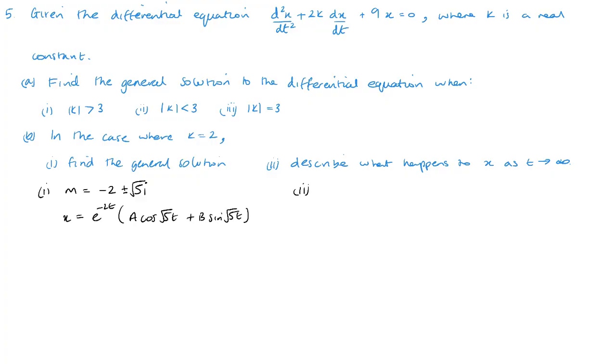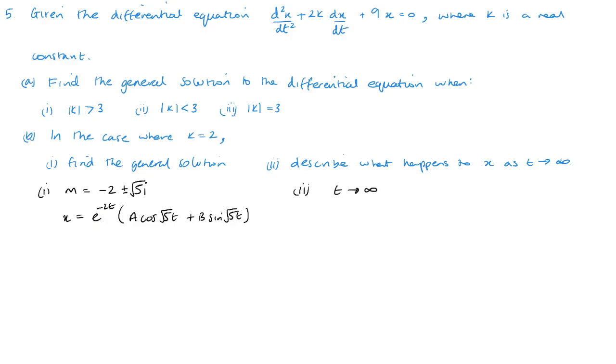Part 2, describe what happens to x as t tends towards infinity. So, as t tends towards infinity, this here is going to tend towards 0, isn't it?